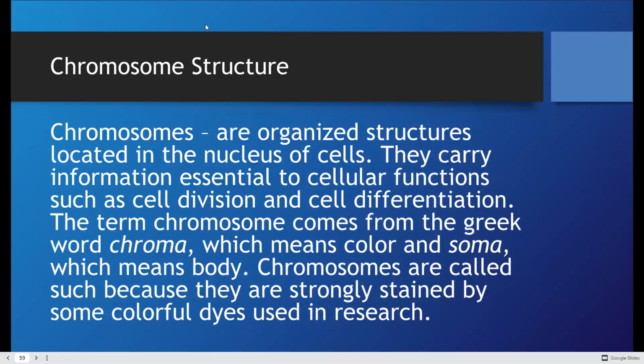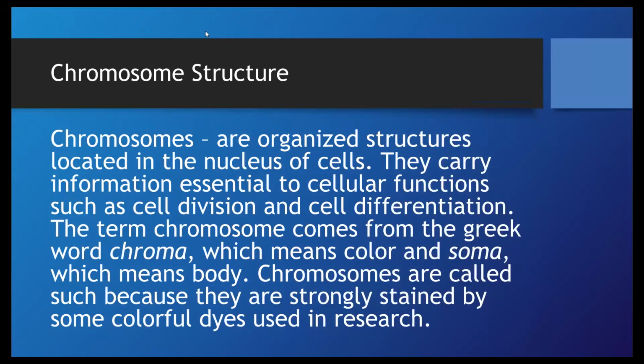Chromosome structure. Chromosomes are organized structures located in the nucleus of the cells. They carry information essential to cellular functions, such as cell division and cell differentiation. The term chromosome comes from the Greek word chroma, which means color, and soma, which means body, a body with color, because we cannot actually see these chromosomes if they are not stained.